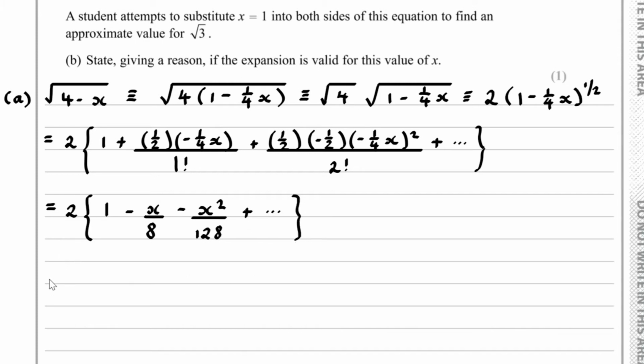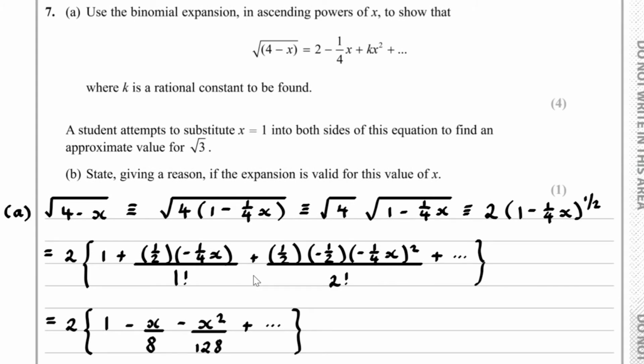And if I multiply the 2 into the bracket, we've got 2 minus x over 4 minus x squared over 64 plus higher order terms.